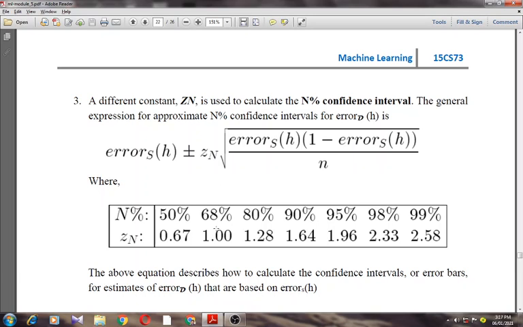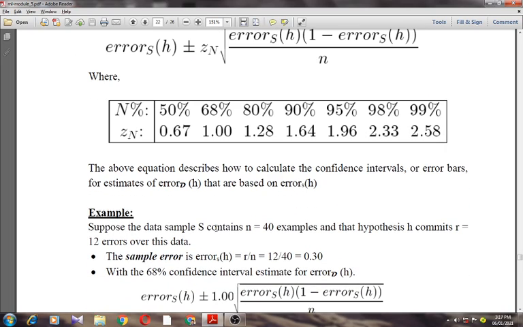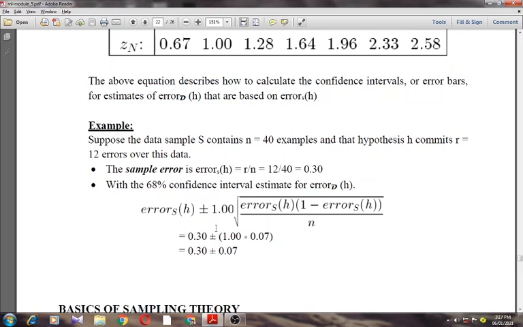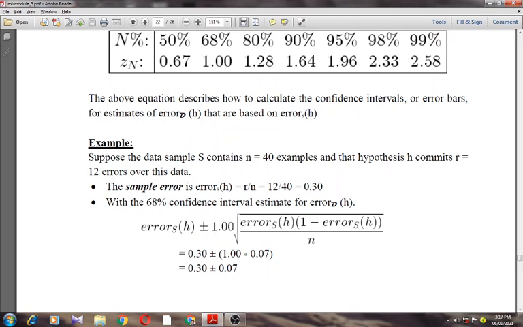Hence, we calculated the 95% confidence interval for error D of H to be 0.30 plus or minus 1.96 into 0.07, where r equal to 12 and n equal to 40.